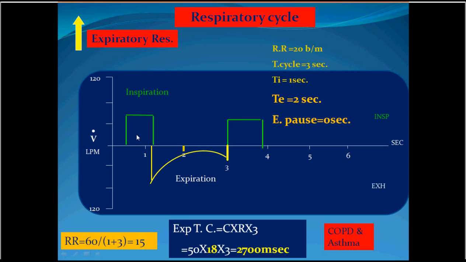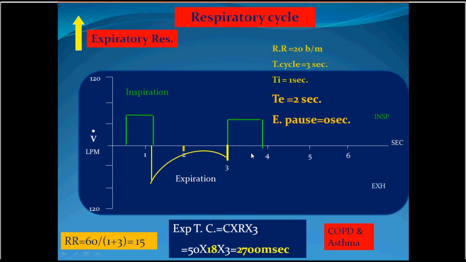If we take inspiration, we need 3 seconds for exhalation, but the total expiratory time, with the pause, is only about 2 seconds. So I need another 1 second for the expiration. This leads to accumulation of a part of the tidal volume, and this is what we call dynamic hyperinflation, and the same problem will happen.